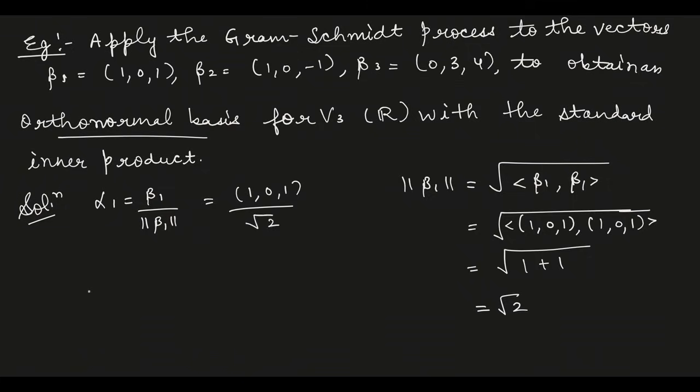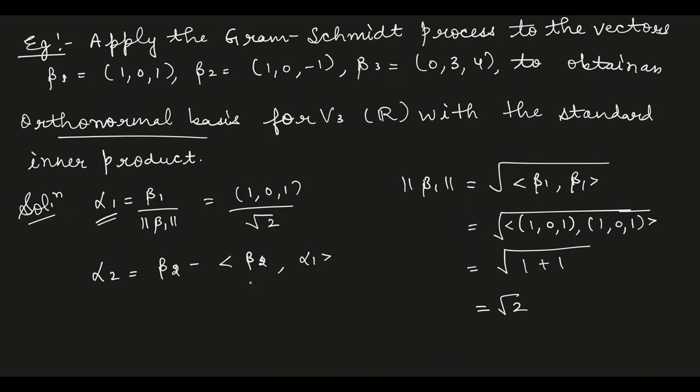Now I need to find alpha 2. Alpha 2 will be beta 2 minus, one second, it should be beta 2, minus beta 2 inner product with alpha 1, right?